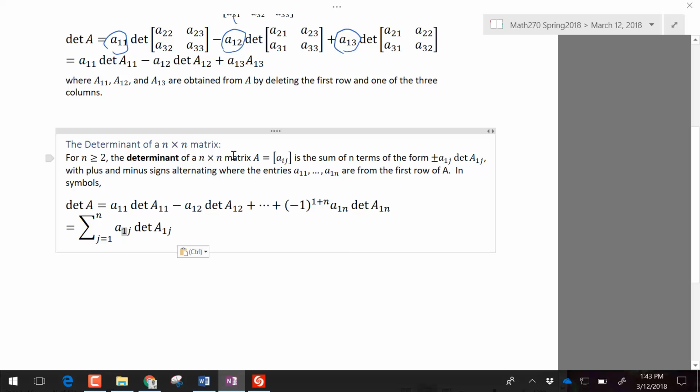So it's just going to be the element in that particular row or column that you're expanding on, in this case the first row, times the determinant of whatever's left over. And then the signs will alternate between plus and minus, and it really depends on the position that you're in.